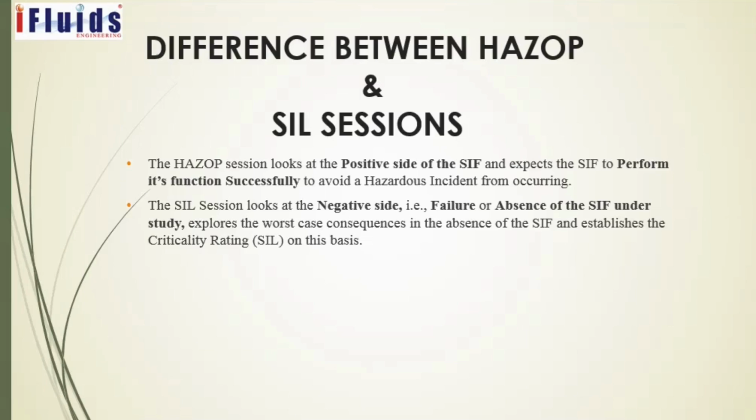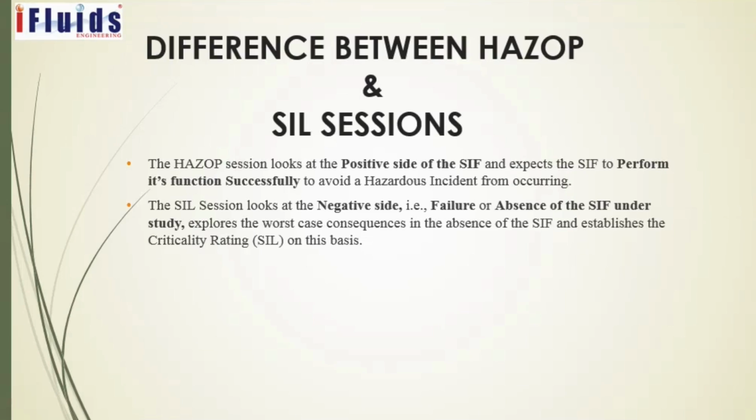So, what's the difference between HAZOP and SIL sessions? The HAZOP session looks at the positive side of the SIF. SIF is the safety integrity function, and HAZOP expects the SIF to perform its function successfully to avoid a hazardous incident from occurring.